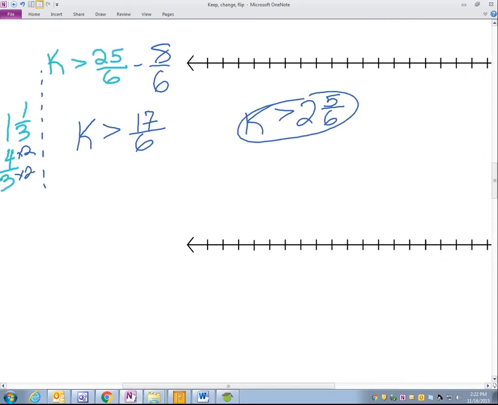Circle that. It's going to be an open circle because it's greater than, not greater than or equal to, and it's going to go toward that 3.